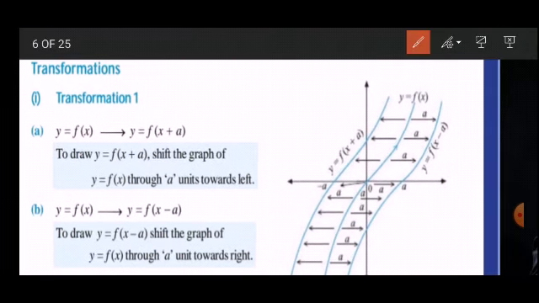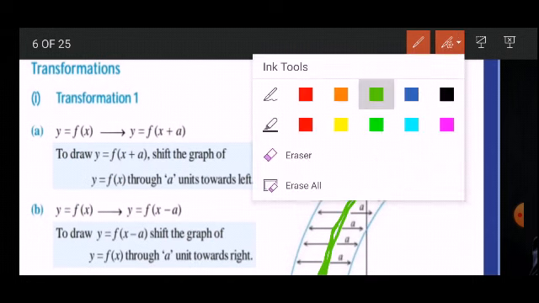This part of the graph is y equal to f(x). Let me overline this. This part of the graph is f(x). And afterwards, this part ahead, let me draw this one as in the previous order.